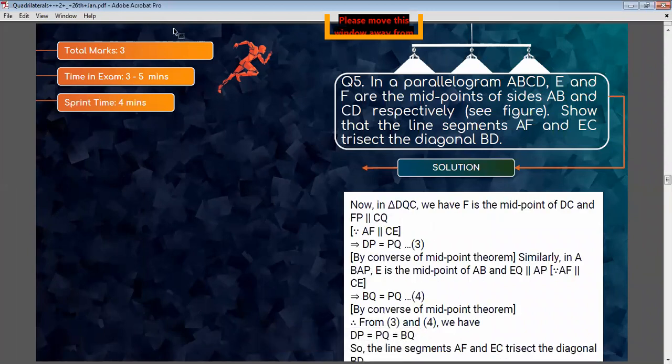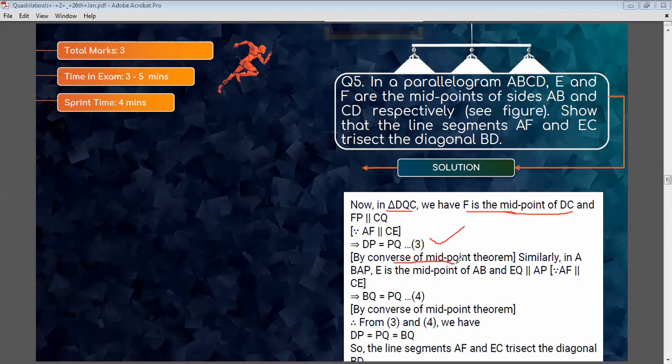Continuation of the solution. Triangle DQC, F is the midpoint of CD. Then we got the parallel and equal thing, and we will use the concept of converse midpoint theorem.